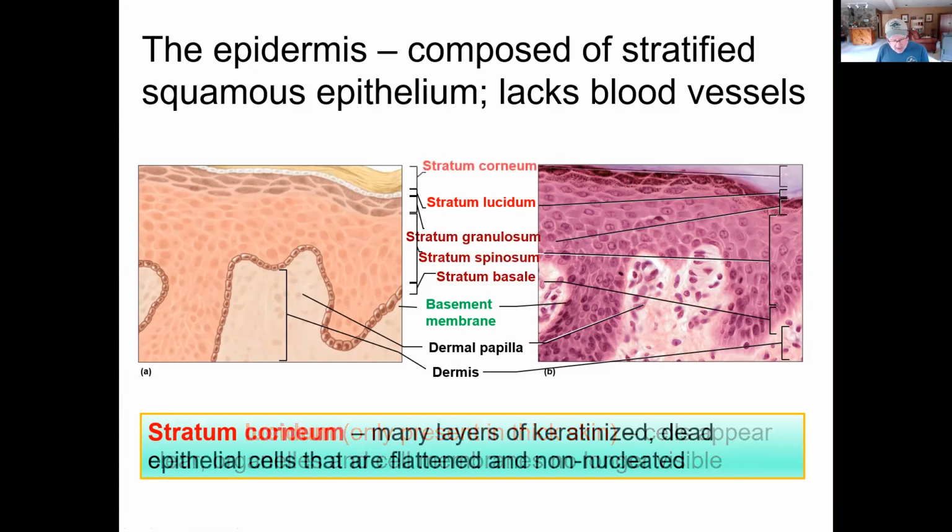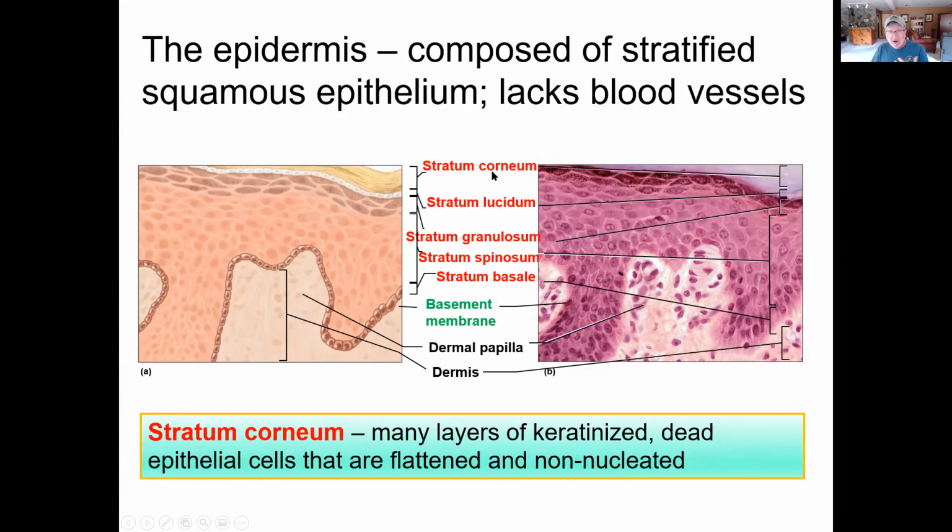And then finally, the superficial most layer of the epidermis, that which actually has a free surface to it, is the stratum corneum, shown here in yellow. Here's that white space, that would be the air around us. And unfortunately, they don't show that white area here in the histologic section, but it would be right above that.